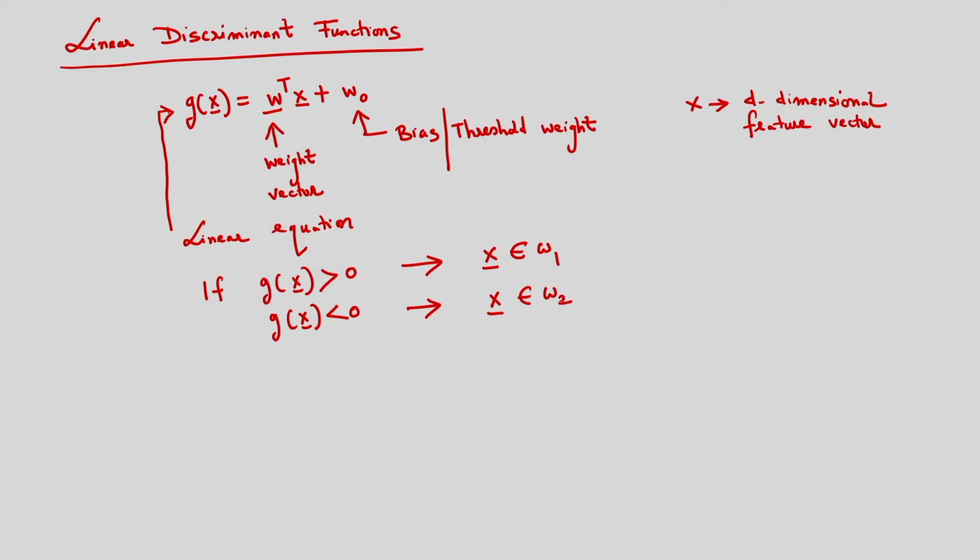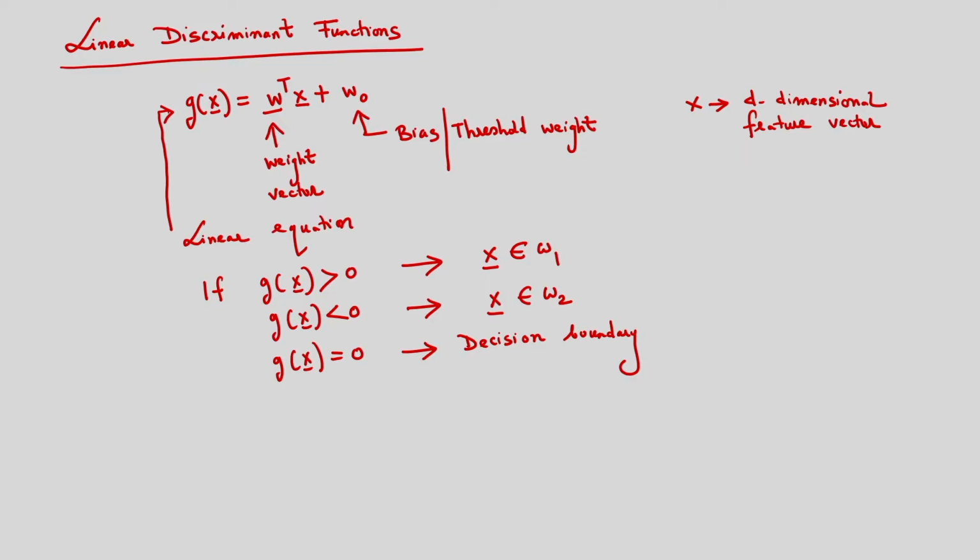So we are considering a 2-class problem. And suppose g(x) is equal to 0, that is actually the decision boundary. So this is the equation of the decision boundary. That means when g(x) is equal to 0, the vector x can be assigned to either class. And that is the concept of the discriminant function.